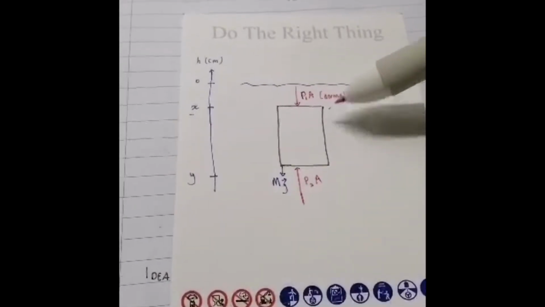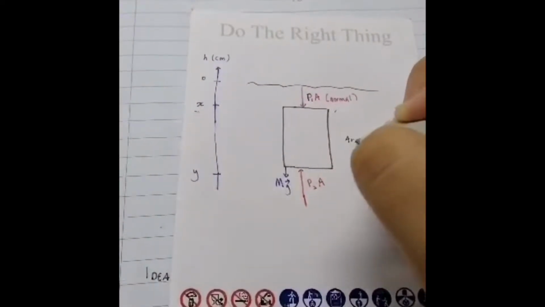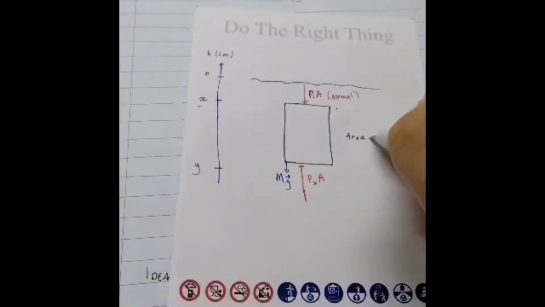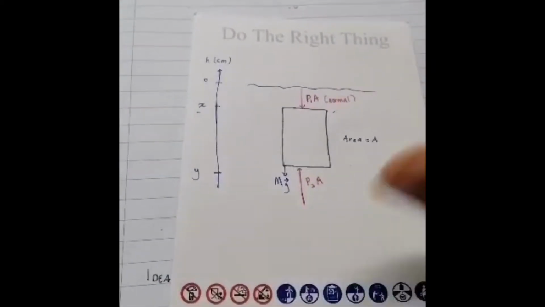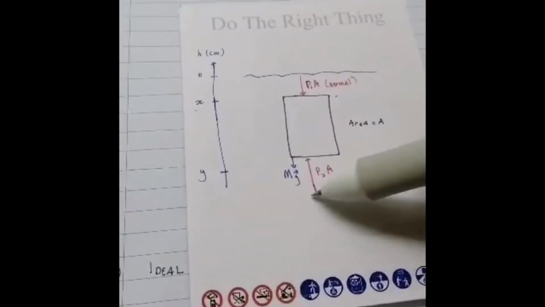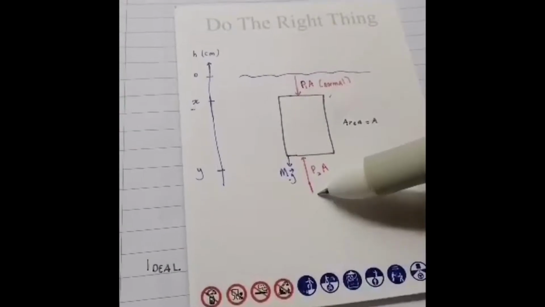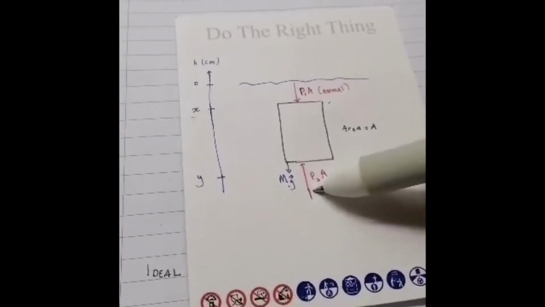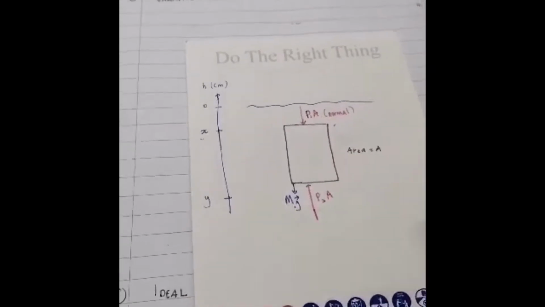The region has an area of A, and the external forces acting upon it are the gravitational force, mg, the upward force, P2A, and the normal downward force, P1A.